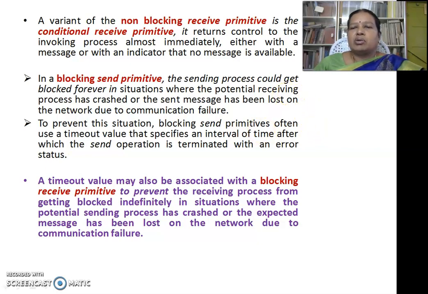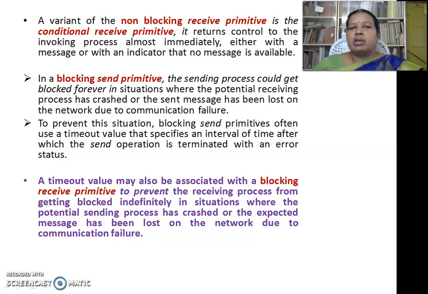It returns control to the invoking process almost immediately, either with the message or with an indicator that no message is available. In a blocking send primitive, the sending process could get blocked forever in situations where the potential receiving process has crashed. To prevent this situation, blocking send primitives use timeout mechanisms.